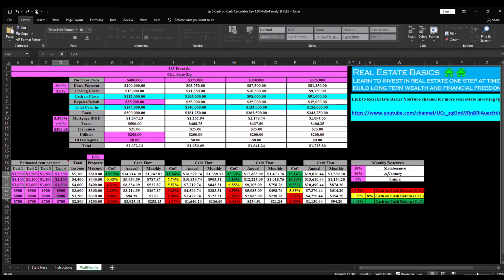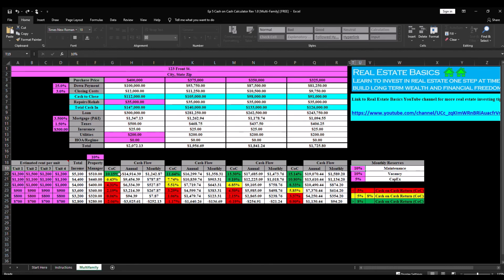You have your maintenance, vacancy and CapEx, typically between 5 and 15%. You can put those in here and the calculator will update accordingly. Now we have our cash flow. So we have our monthly cash flow and our annual cash flow for that purchase price and these rental values. And next to that, you have your cash on cash return on investment.